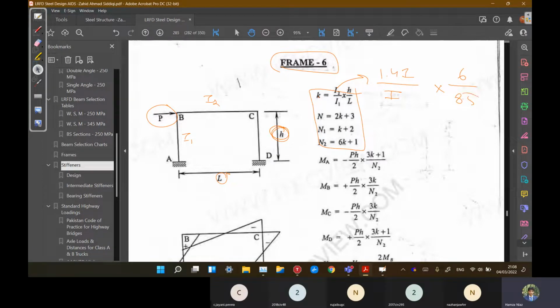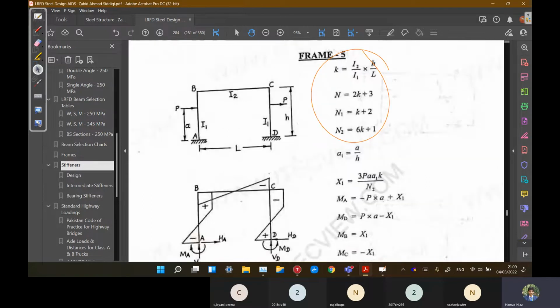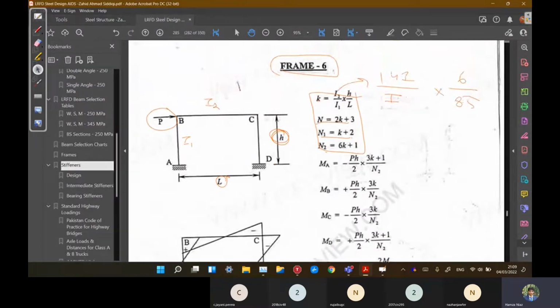So we can find K, and from K we can find N, N1 and N2. These K and N1, N2 are used in all cases, so they remain the same in every case. We have to calculate them only once.